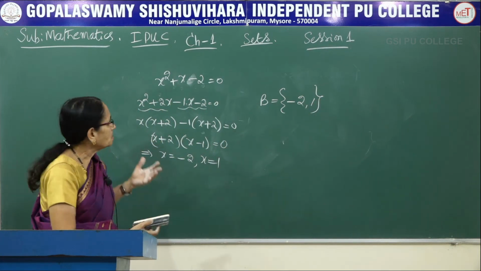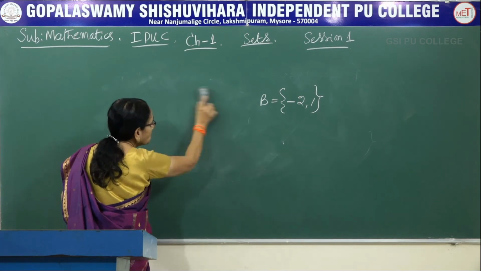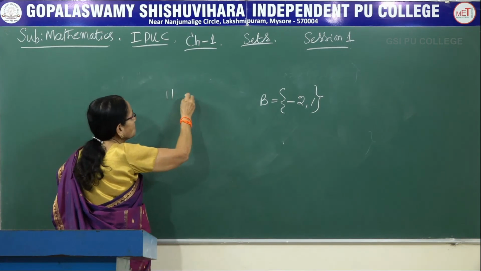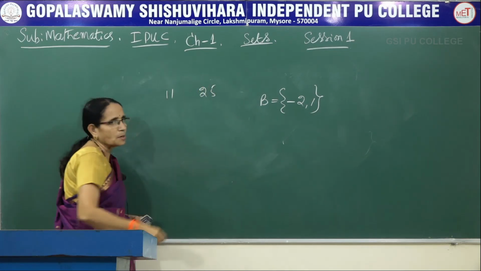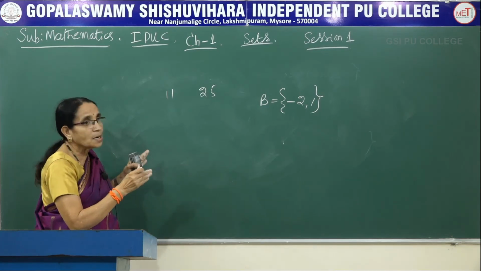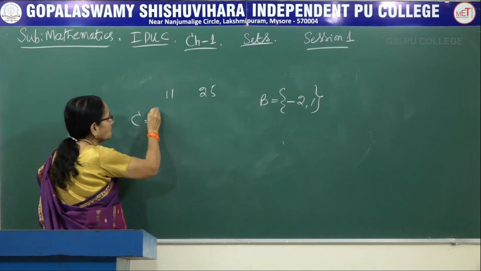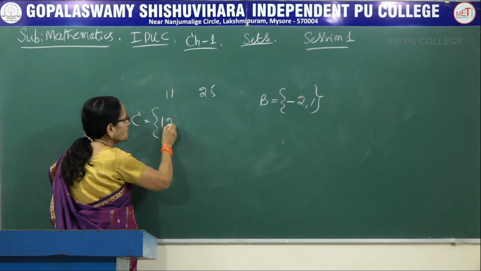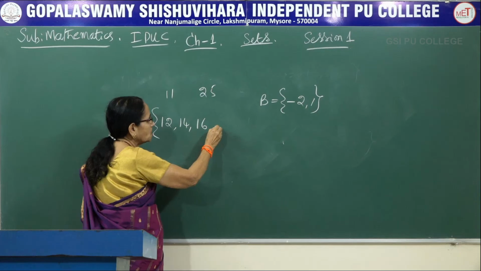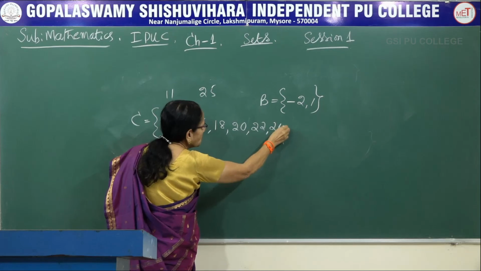Now, one more example I am giving. I am asking you to write the set of even numbers between 11 and 25. You observe both 11 and 25 are odd numbers. Now the even integers lying between 11 and 25, let me call it C. After 11, the first even number is 12, then 14, then 16, then 18, 20, 22 and 24.